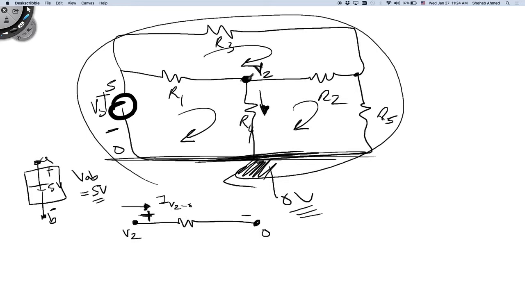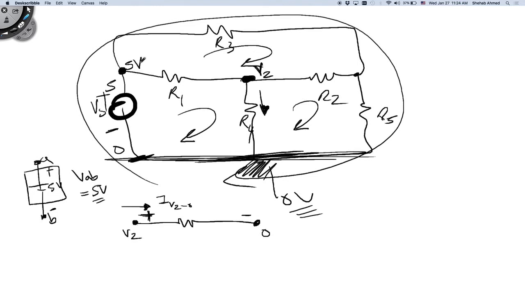Right? So if I'm able to find V2 somehow, then I should be able to find this current without too many problems. So let's see how we can do that. How would you suggest doing that? So I know this 5 volts. I know that this is a 5 volts, for example, right? So what is the voltage here with respect to my reference? So this is 5 here, right?